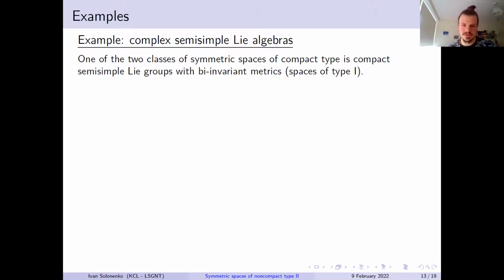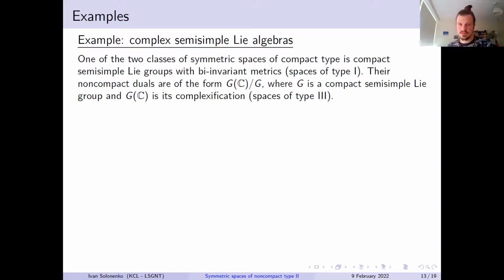The other one: you take a compact semisimple Lie group, you endow it with a bi-invariant metric, and it will be a symmetric space of compact type. Such spaces are called spaces of type 1, traditionally.